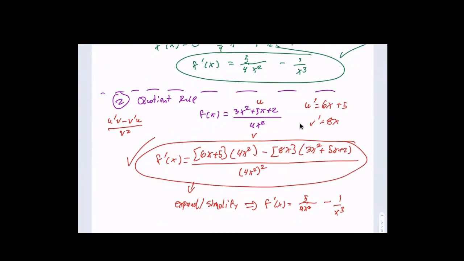For example, 6x times 4x squared is 24x cubed. Well, guess what negative 8x times 3x squared is? It's negative 24x cubed. So the 24x cubes cancel each other out. And so you get terms that cancel each other out. The 4x squared becomes 16x to the fourth. It's just a lot of algebra that comes down.